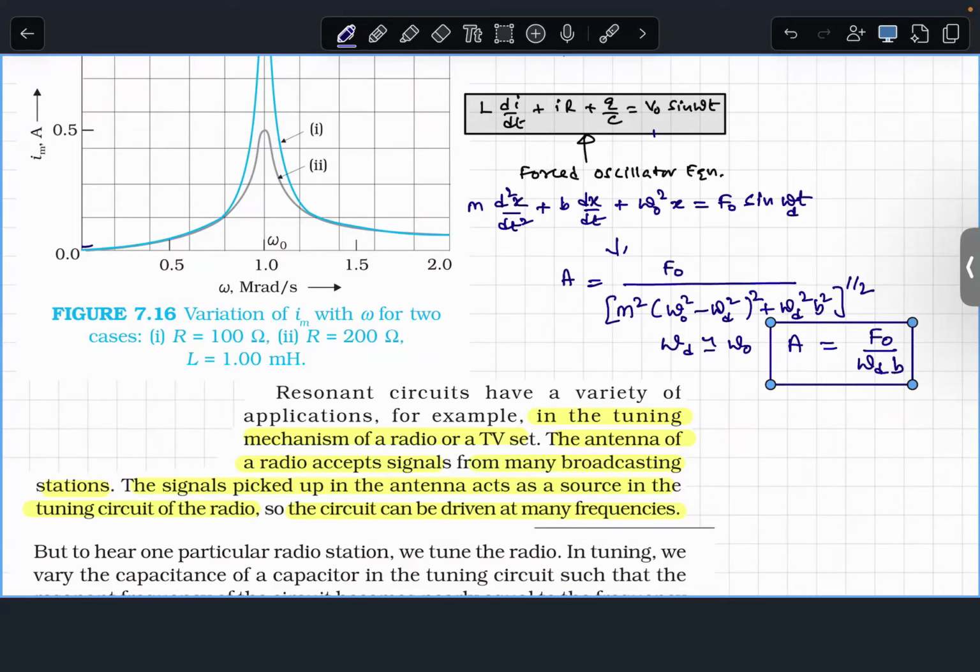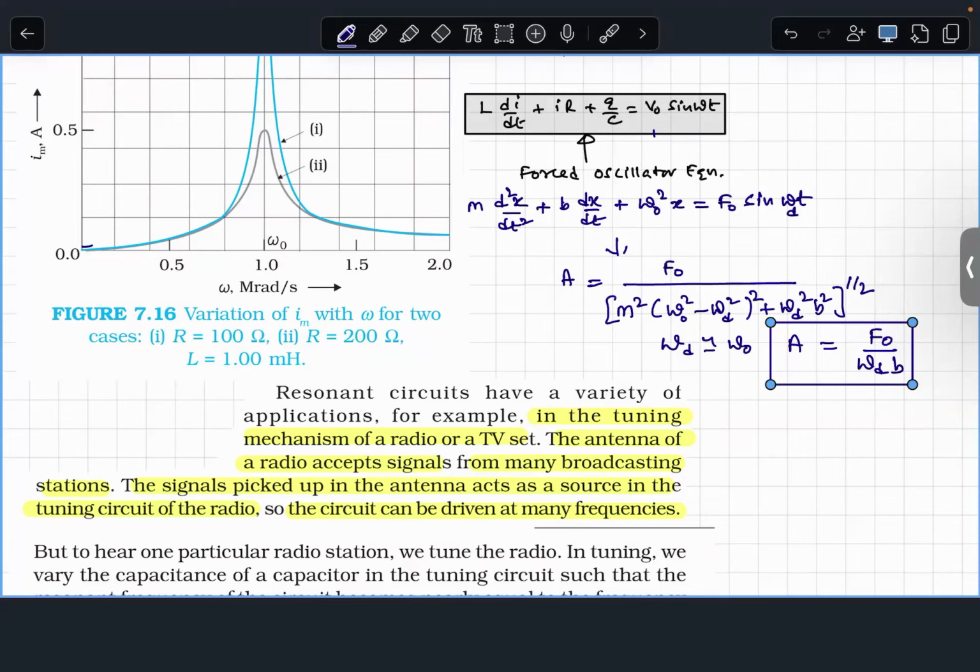What is b in our circuit? Which element is close to representing b here? Resistance. So the higher the resistance, the more the damping in our physical situation.